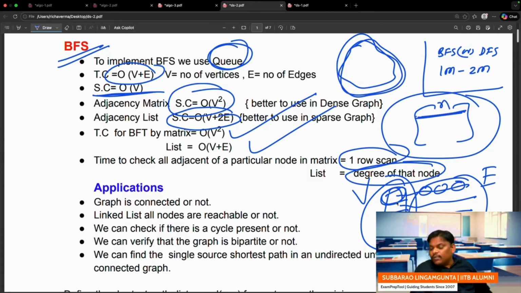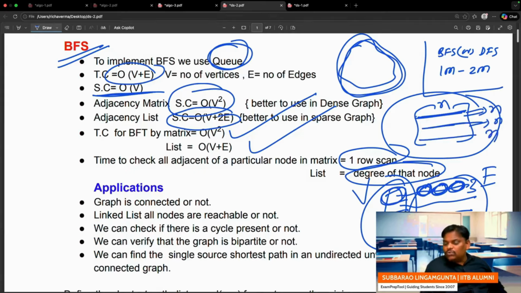In the case of a list, it's the degree, that is, how many neighbours are adjacent. If 3 are adjacent, it takes 3 units of time; if none are adjacent, 0 time; if 5 are adjacent, 5 units. So the list takes less time, while the matrix takes n every time for one row scan. I think all the points are clear.